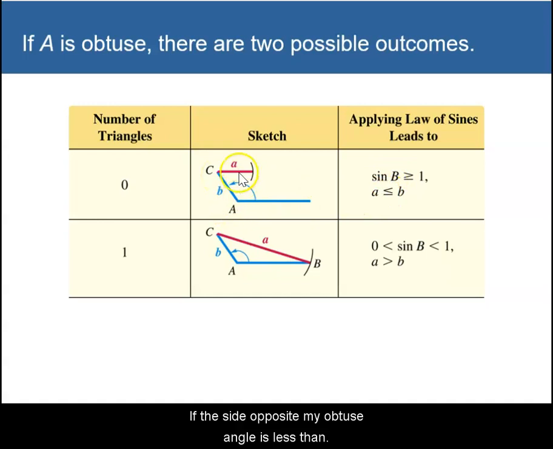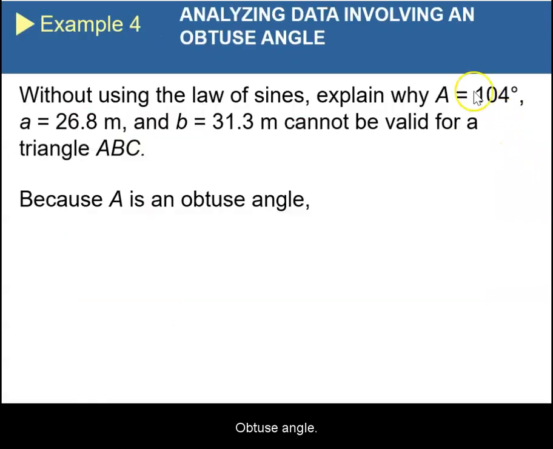If the side opposite my obtuse angle is less than the adjacent side to my obtuse angle for side-side angle, that's the condition I need. Obtuse angle, the opposite side, sorry, not angle, side, is less than the adjacent side for side-side angle.